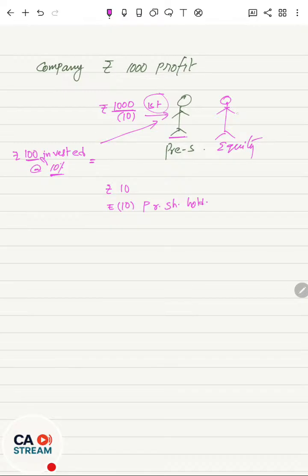Now, what is the situation of the equity shareholder? Equity shareholder, keep calm, because the equity shareholder is treated as the real owner of the company. For example, a guest visits our house. We have a limited amount of food, and the guest is there.